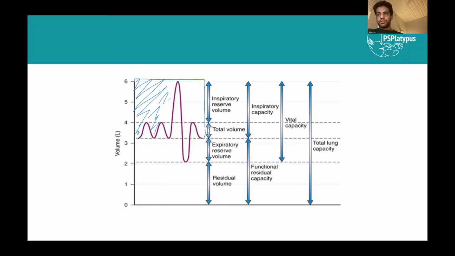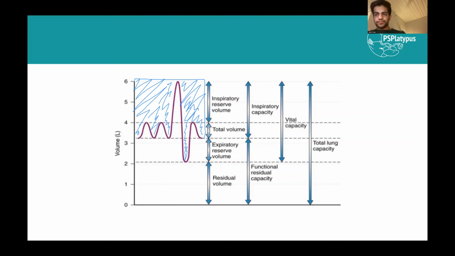Your functional residual capacity is the amount of air left in your lungs when you exhale after passive breathing, and total lung capacity is fairly intuitive. If you understand this diagram, a lot of the descriptions are fairly intuitive, and inspiratory reserve volume is how much air you can inspire.